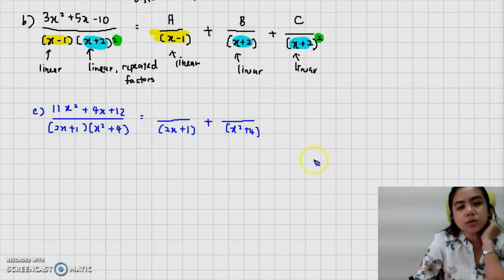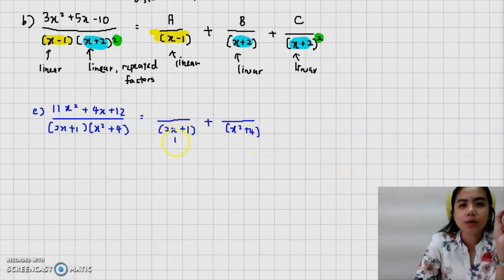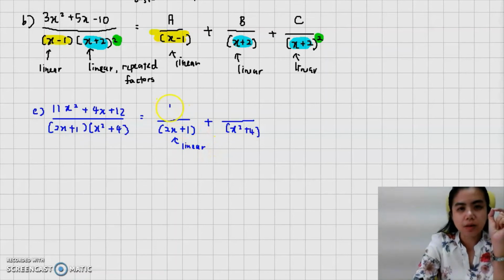Once you have that, you have to decide what to put on the top as the numerator. In here we have a linear, so on the top you should have a constant, so we should begin with a. So it's a constant.